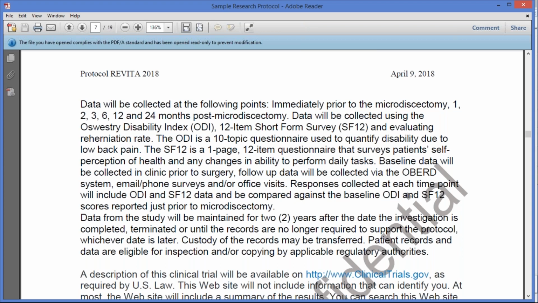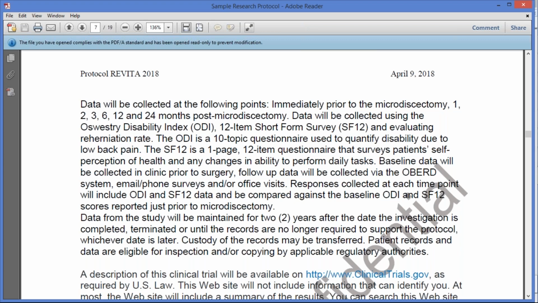How are they going to collect the data? They collect the data by subject visits, physical visits. They may also collect the data via phone, email, phone surveys. Here we use two forms, ODI and SF12.